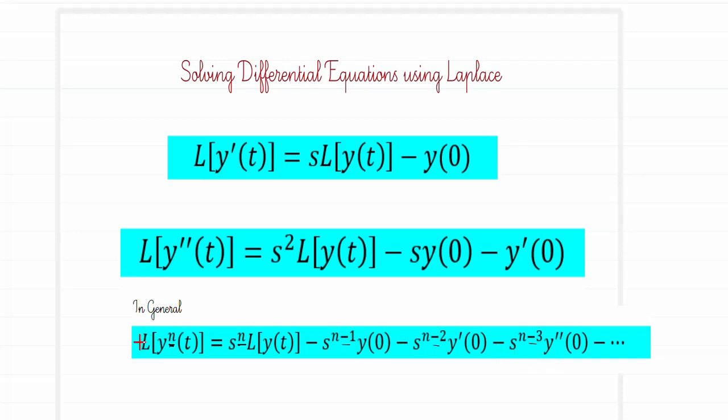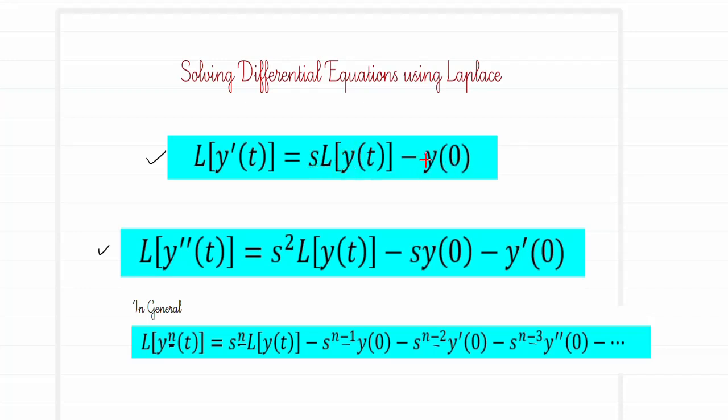In general, the problems which we are going to solve will be involving the first and the second derivatives. So let us first try memorizing these two formulae for the application of Laplace to solve a differential equation. We have the first derivative: Laplace of y dash of t is s Laplace of y of t minus y of 0.